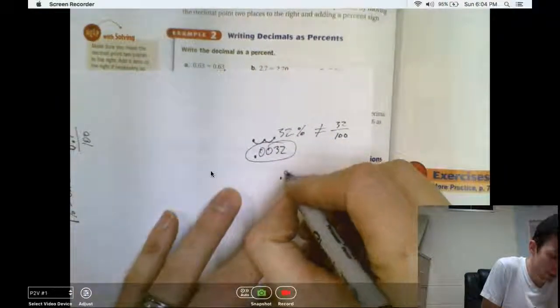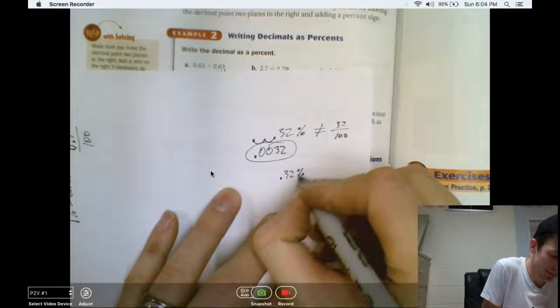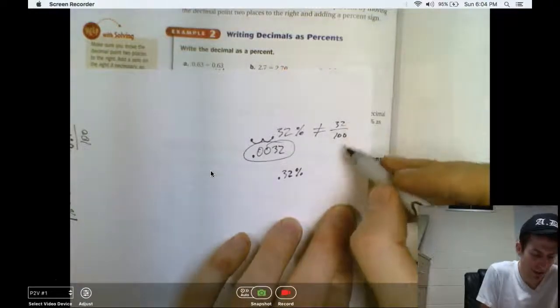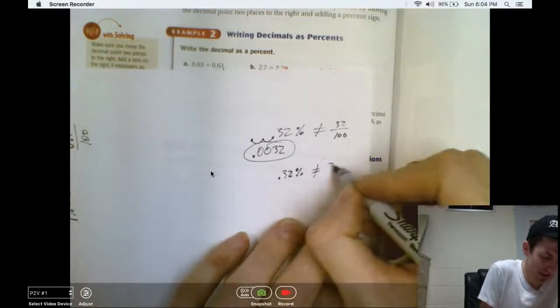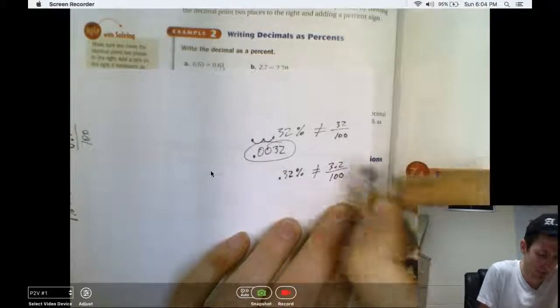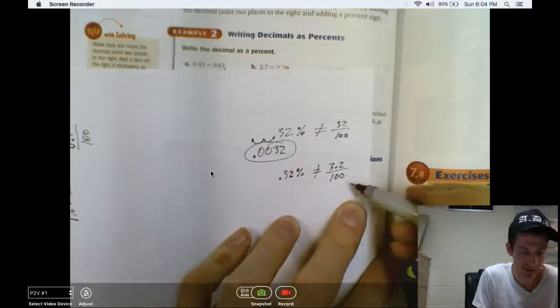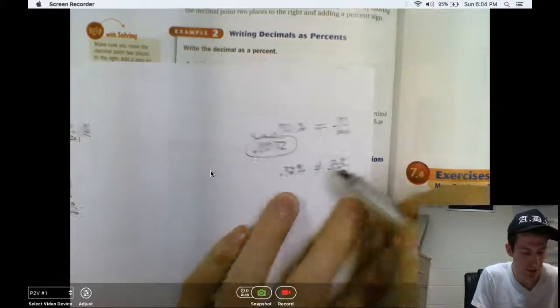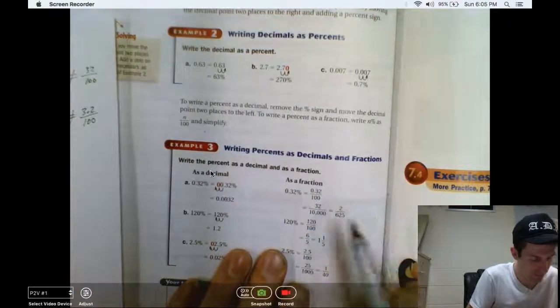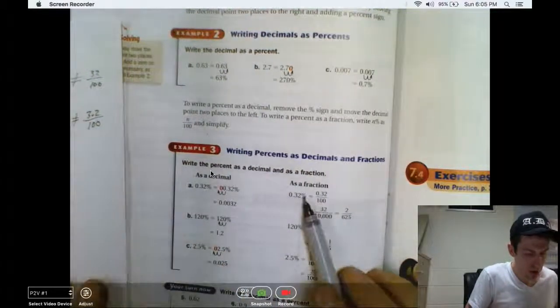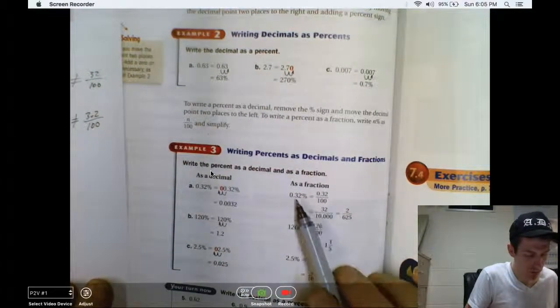Now, 0.32% as a fraction. It's not 32 over 100. It's not 3.2 out of 100, because 3.2 would be 3.2%. But this is 0.32. So let's see how they do that for us. Write it as a fraction.